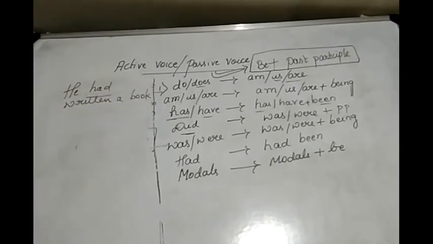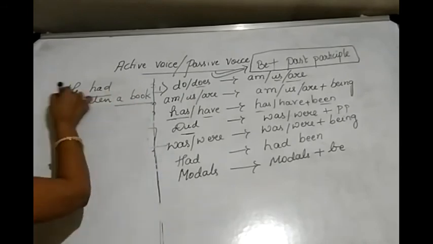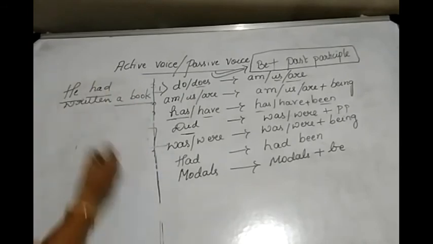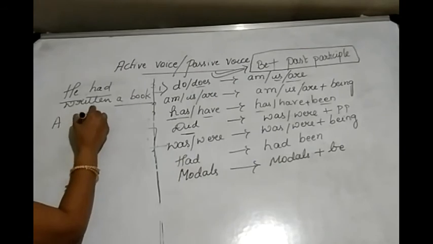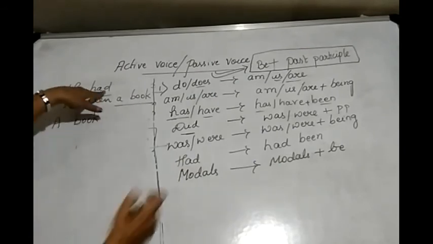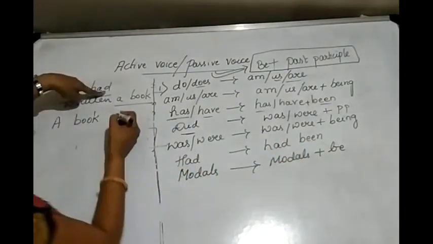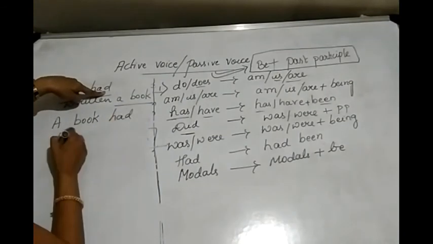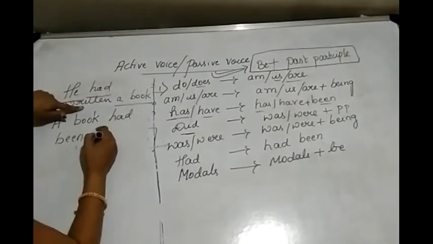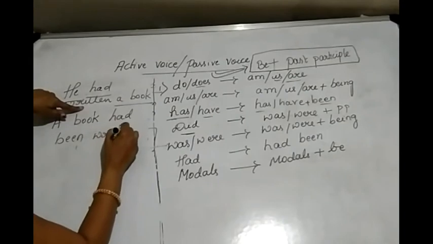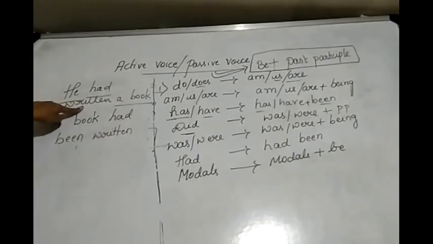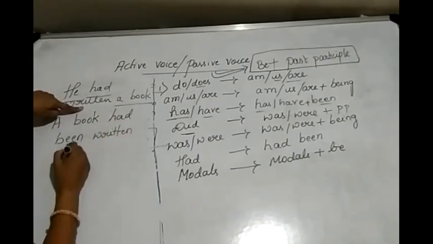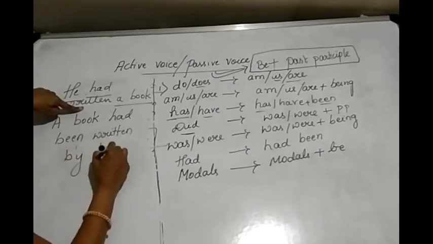Can you change it now? So find out subject and object, change it, a book. So if had is there, we have to add been with that, had been. Then we have written, so we need no change for this one because it's the form of past participle. Written by him.